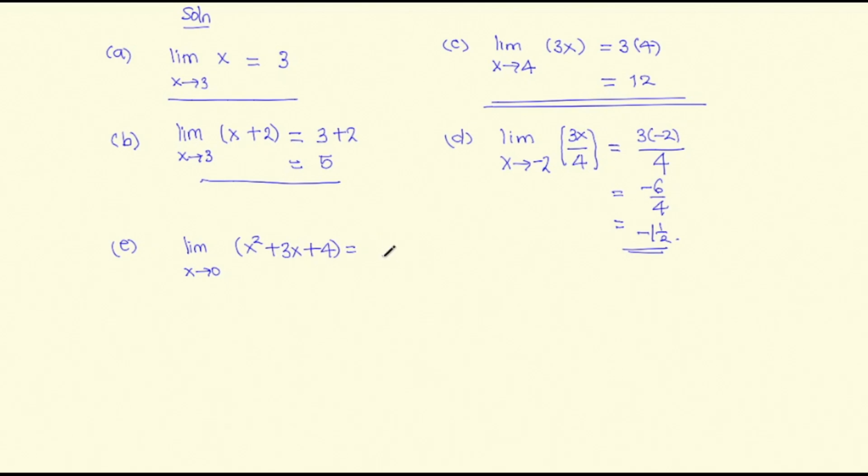This will be equals to, wherever we get x, we plug in 0. So we have 0 squared plus 3 times 0 plus 4. Of course, we know when we square 0, we get 0. Any number multiplied by 0 will also vanish to 0, plus our 4. So adding those zeros to 4, we just get 4. That is the solution for E.